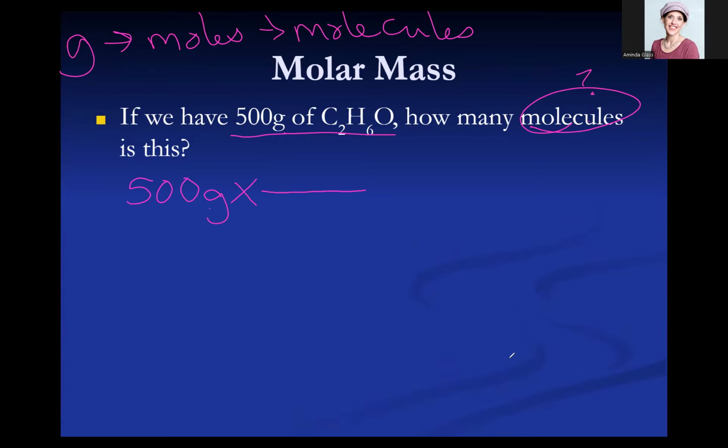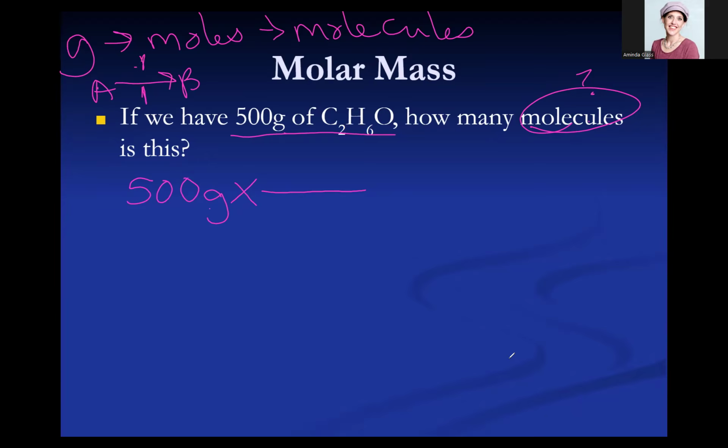It's like if you're in a room and you want to go from room A to room B, you can't just walk through the wall. You have to have a door. So, in this case, the moles is a doorway.